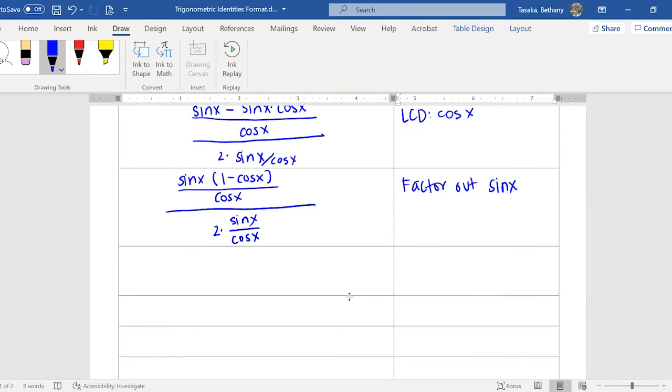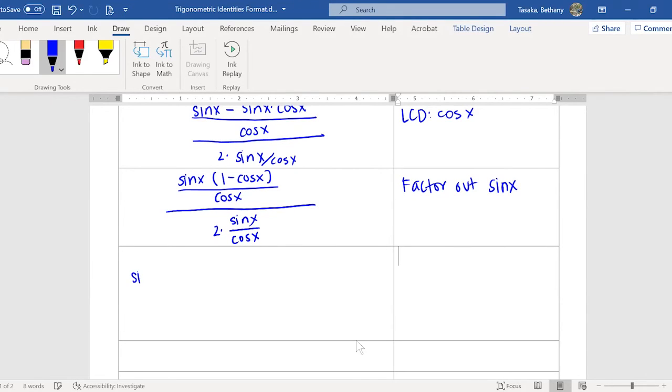Well, we've got this kind of double fraction called a complex fraction. So let's take our numerator, sine x, 1 minus cosine x over cosine x times the reciprocal. So I'm going to put the 2 up here with the sine. So the reciprocal would be cosine x over 2 sine x. So that's helpful because we can cancel a bunch of stuff out, right? Cosine cancels with cosine.